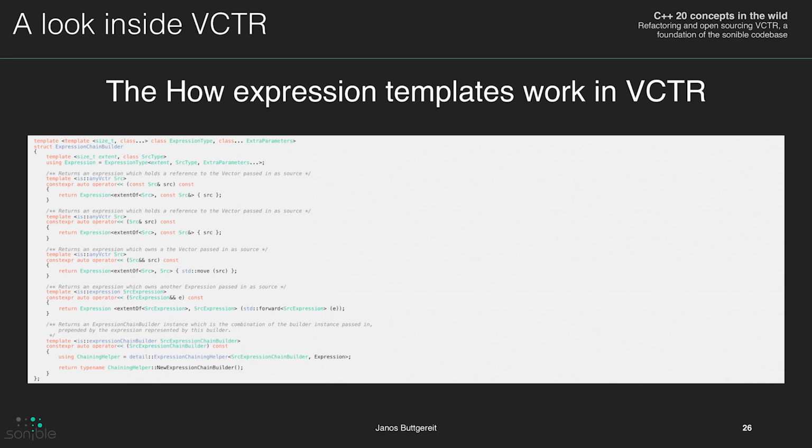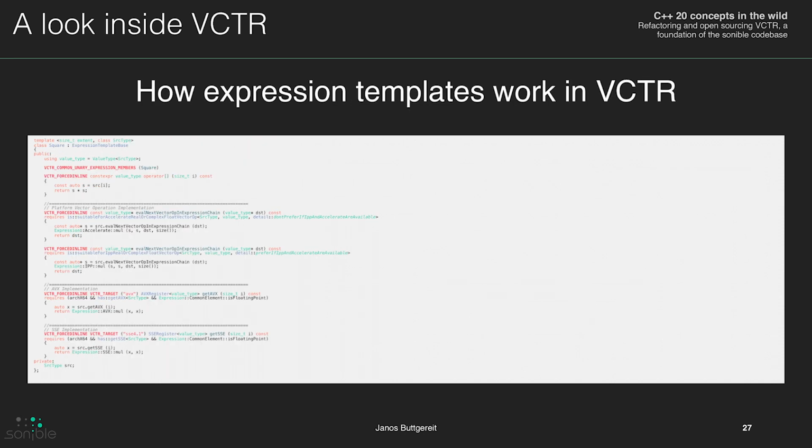So this is how we make this syntax possible. Basically, having concepts allows us to easily distinguish between all these different cases to test which type we actually feed into the expression chain which we are building.